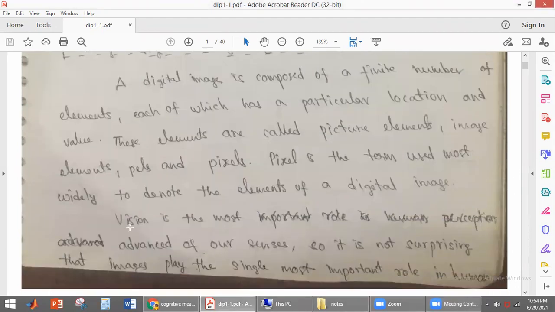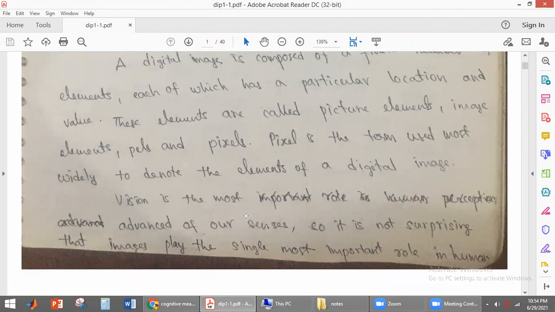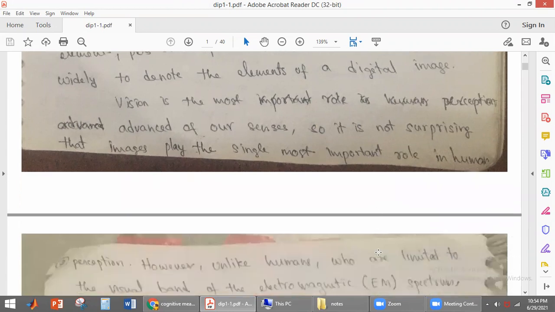Vision is the most advanced of our senses. So it is not surprising that images play the single most important role in human perception. Humans can understand images very easily compared to voice, so in human perception images play a very important role.